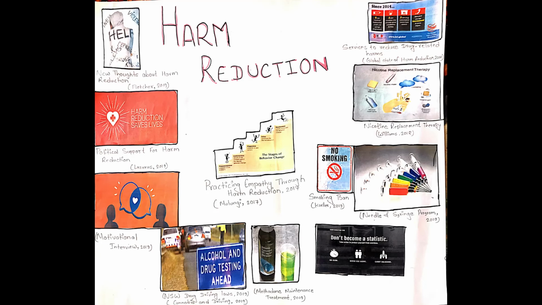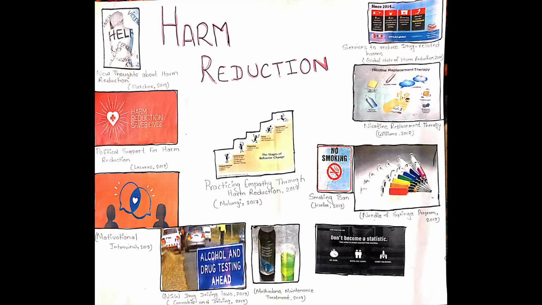Worldwide implementation of harm reduction is increasing, as a survey conducted internationally has revealed that 84 countries use harm reduction practices and policy, and national policy document references support harm reduction in 74 countries.